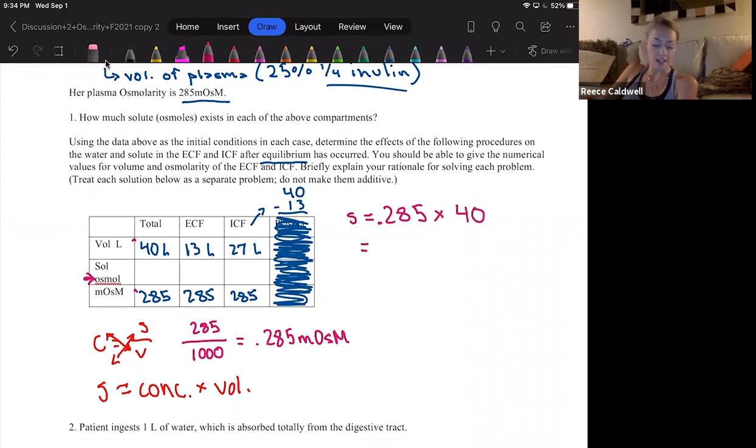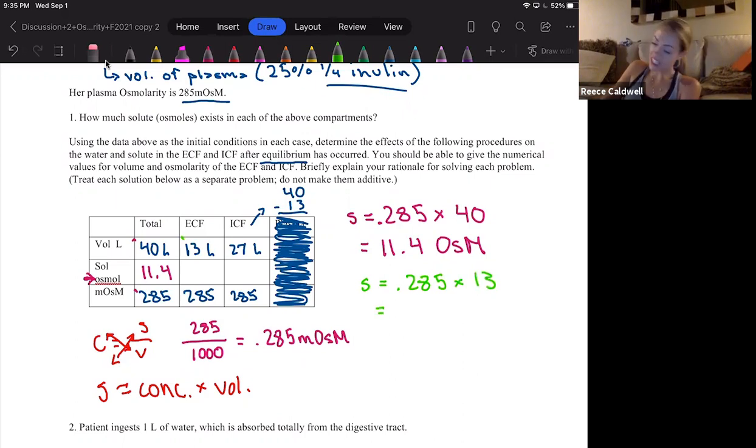Once we solve that out, we get 11.4 osmoles, OSM. So we can put that into our chart. We're going to do the exact same thing for the next one. We'll use S equals concentration, 0.285, times volume, which here is going to be 13. When we calculate that out, we get 3.705 osmoles.